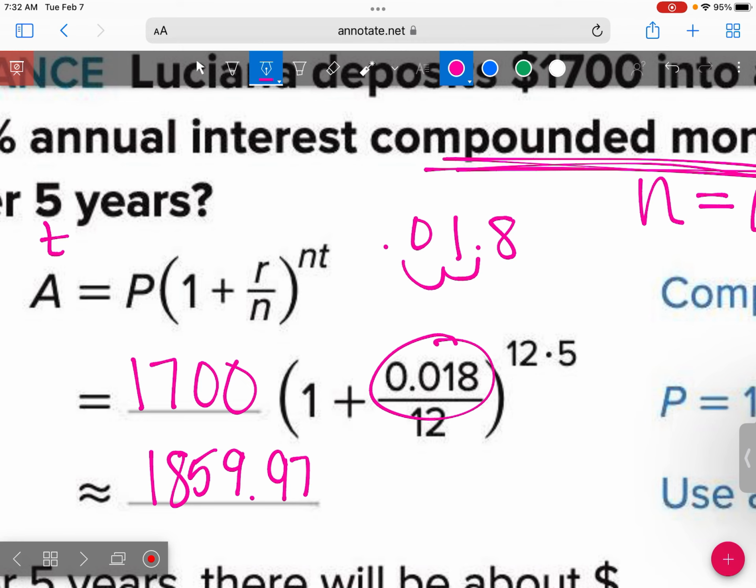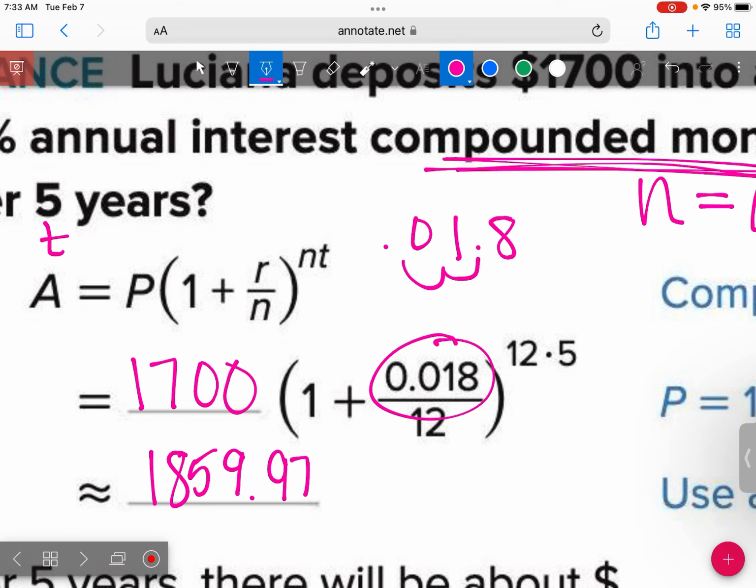You can type 1 plus, and then there's an N over D, second column, third one down. And you can get a fraction.